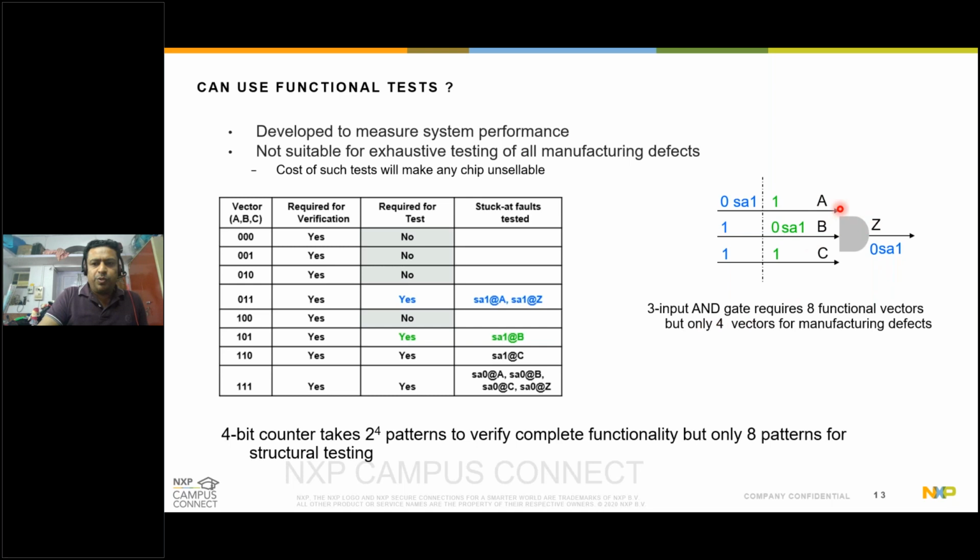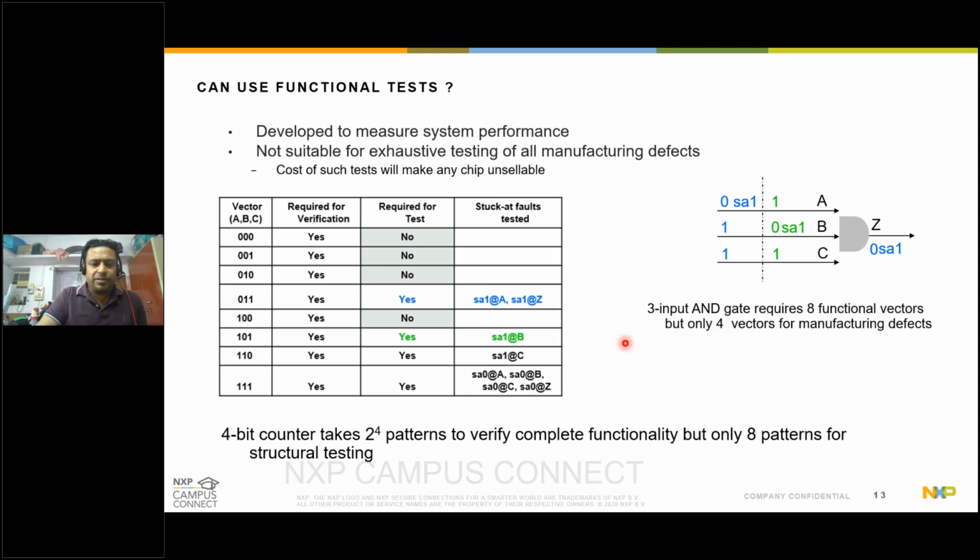So for a 3-input AND gate, instead of 8 functional vectors, I only need 4 vectors to do my structural testing. That is the reason that using my full set of functional patterns is not an optimal way to detect my manufacturing defects.